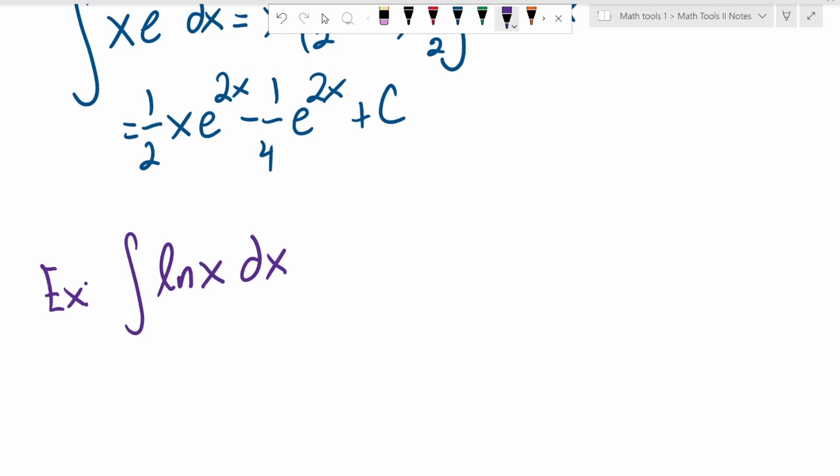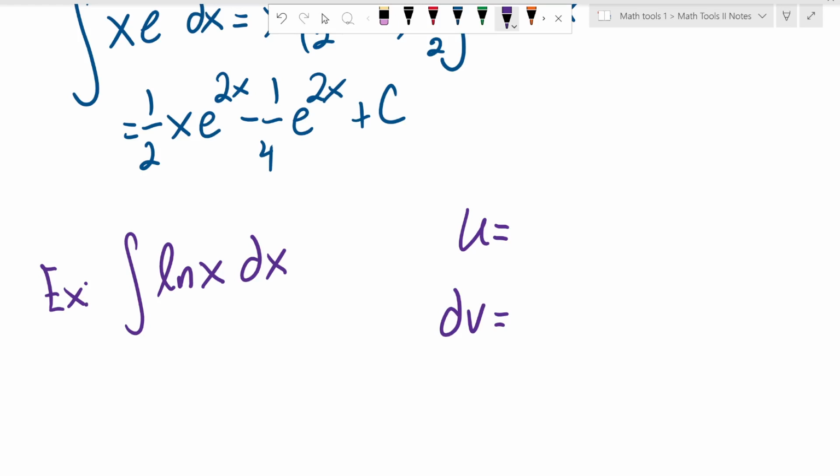That might be unexpected, because you might think, why would you need integration by parts when there aren't even two parts? But even if there aren't actually two parts, integration by parts can still help you out quite a bit.